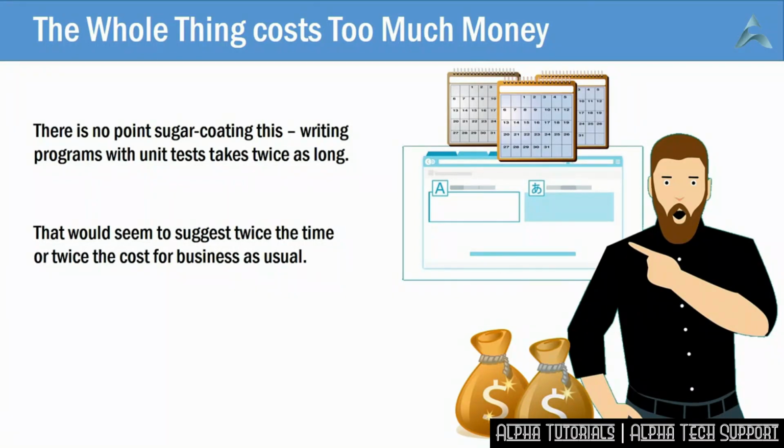The logical extrapolation of this is that you would either deliver half the amount of software you normally would in the same time, or you'd need twice the staff. Either option would have a huge financial impact. In fact, I found generally it's the extra time that'll be mentioned more than the money, because people need to get there first.